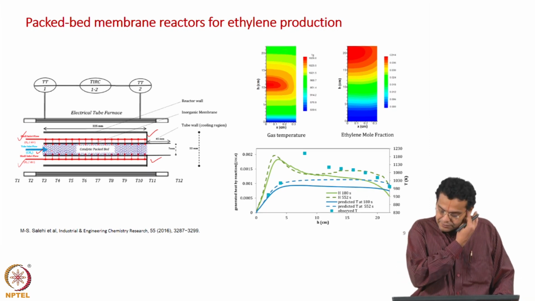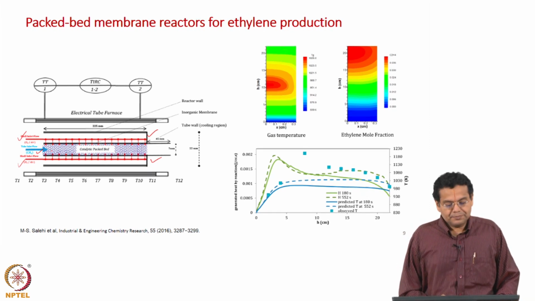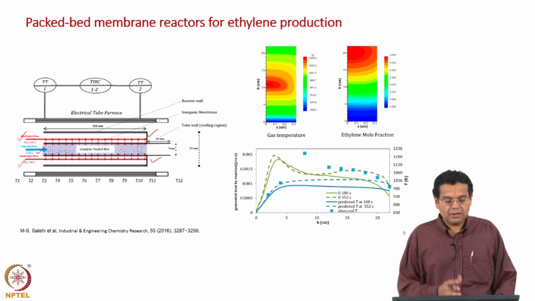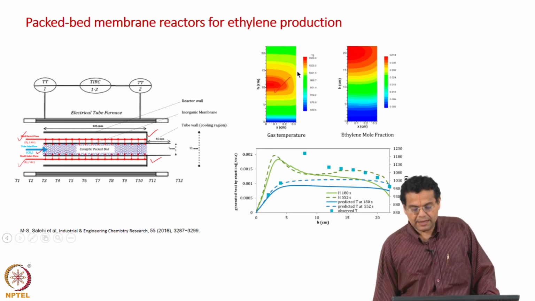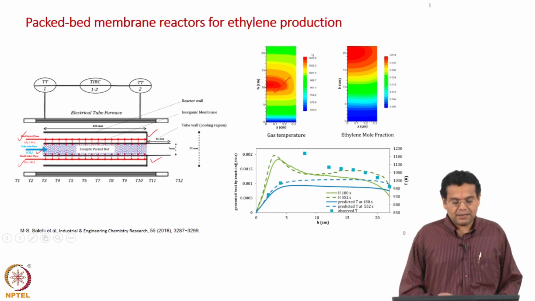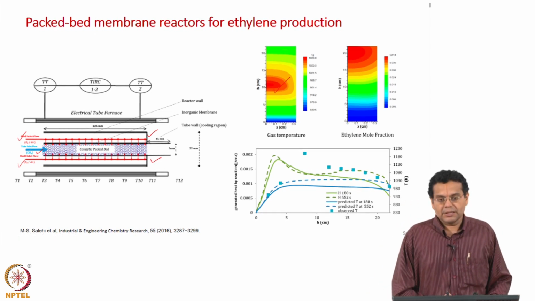Now, to design such a membrane packed bed reactor or to predict its performance, we will have to solve all the 4 conservation equations: continuity, momentum, energy and species equation also. In this work, our focus is on the tube inside only.